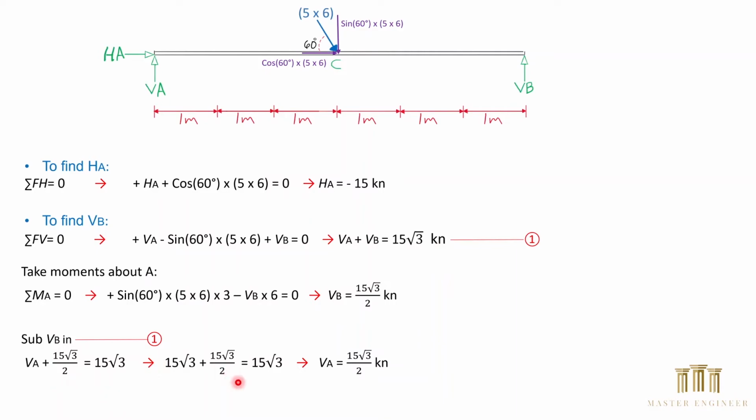If we rearrange all this, that will give us the value of VA equal 15 multiplied by square root of 3 divided by 2 kilonewton. Now we found all the reaction forces.